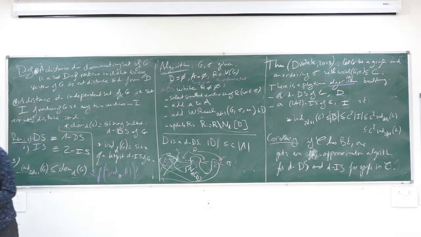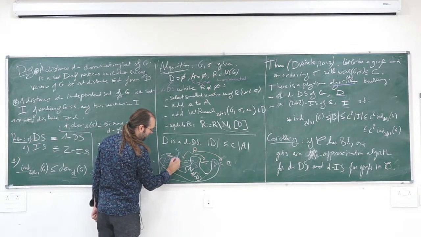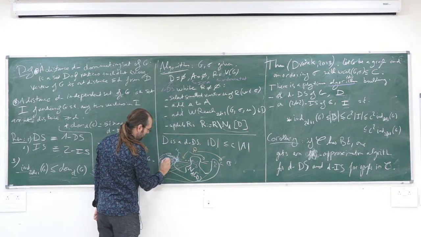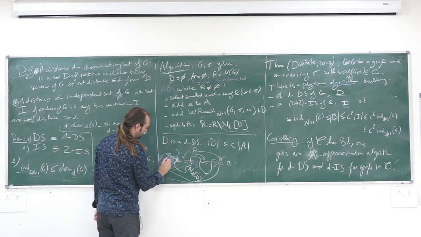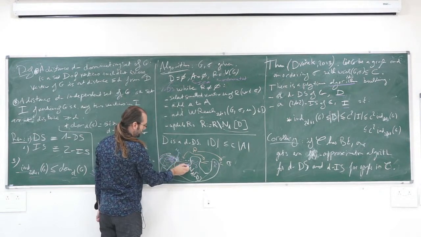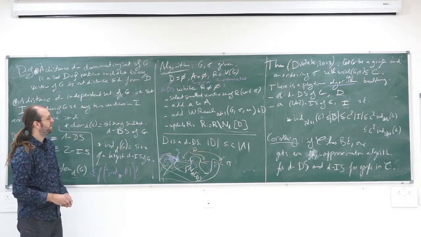So what's the weak reachability set? This guy goes to D for sure, and maybe something here. So everything which is reachable here. It means that there's a path of length that moves to D plus 1, or I can go like this. So this I add to the dominating set.